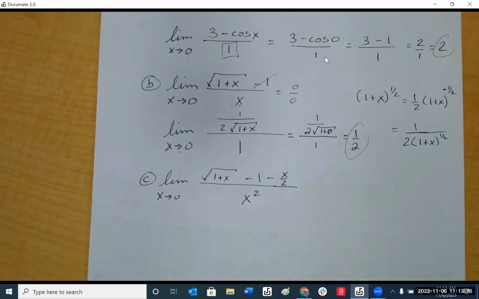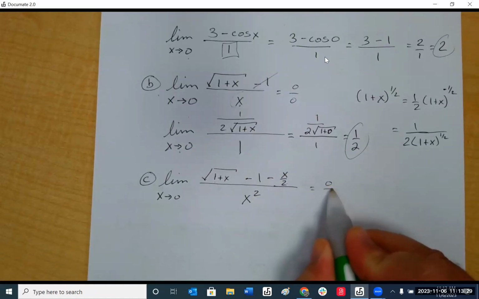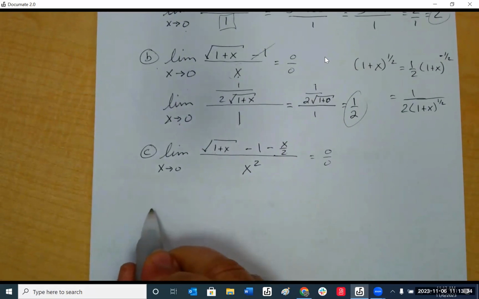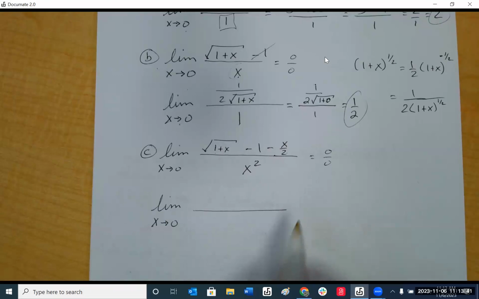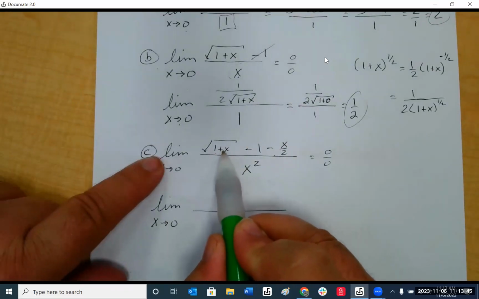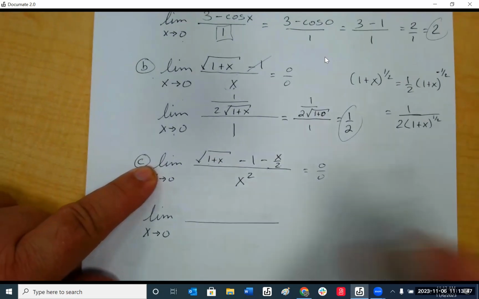Okay, first off, we always have to check to see if it's 0 over 0. So 1 plus 0 is 1, square root of 1 is 1. 1 minus 1 is 0. 0 over 2 is 0. So it is 0 over 0 if we plug in x equals 0. So the derivative of the square root one, we just did it earlier, so we get the same value.